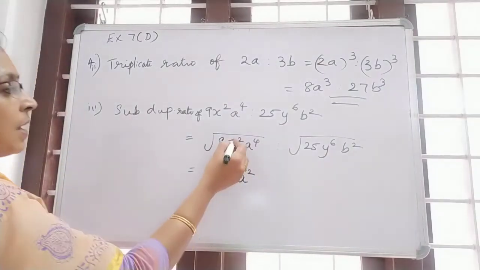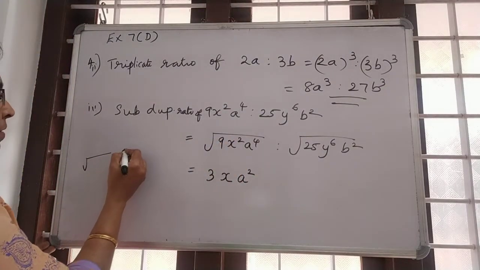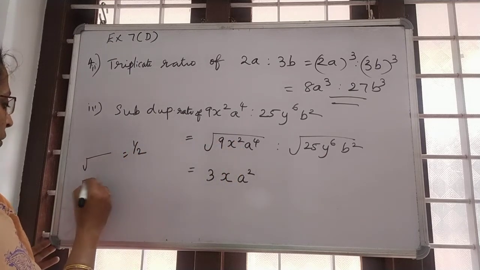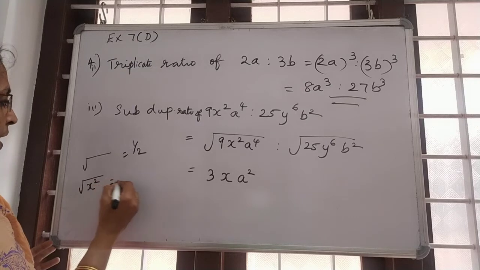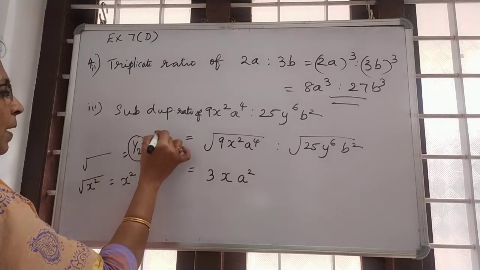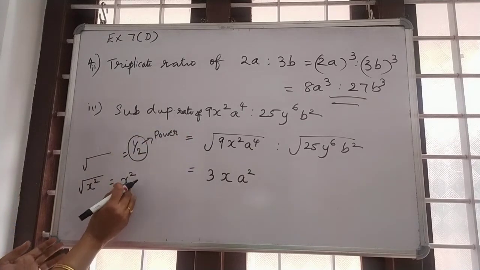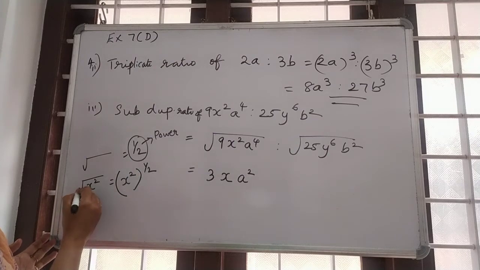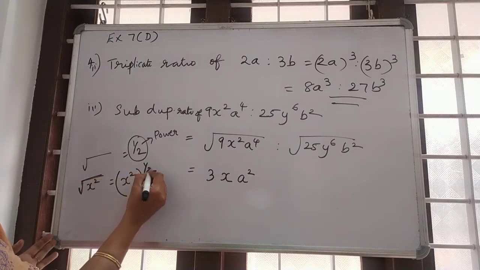How is it coming? Root means power 1 by 2. So root of x square means x square whole raised to 1 by 2. Root means whole raised to 1 by 2.